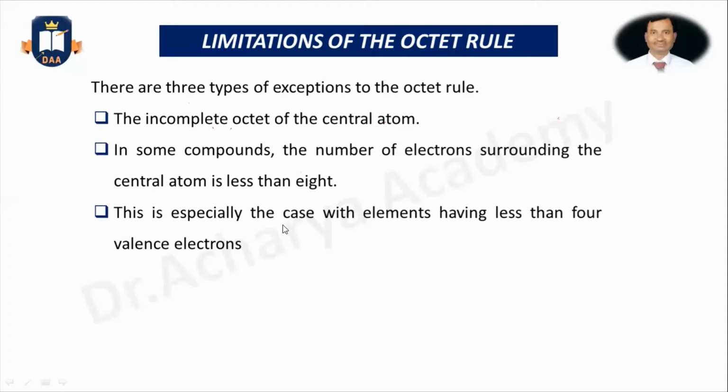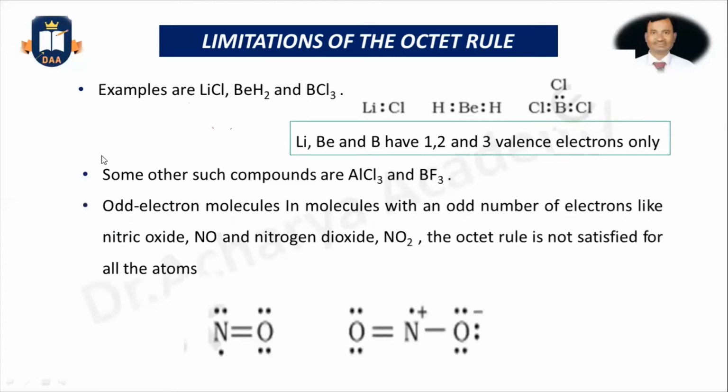This is especially the case with elements having less than 4 valence electrons. Examples are LiCl, lithium chloride, BeH2, hydride of beryllium, and BCl3, chloride of boron.